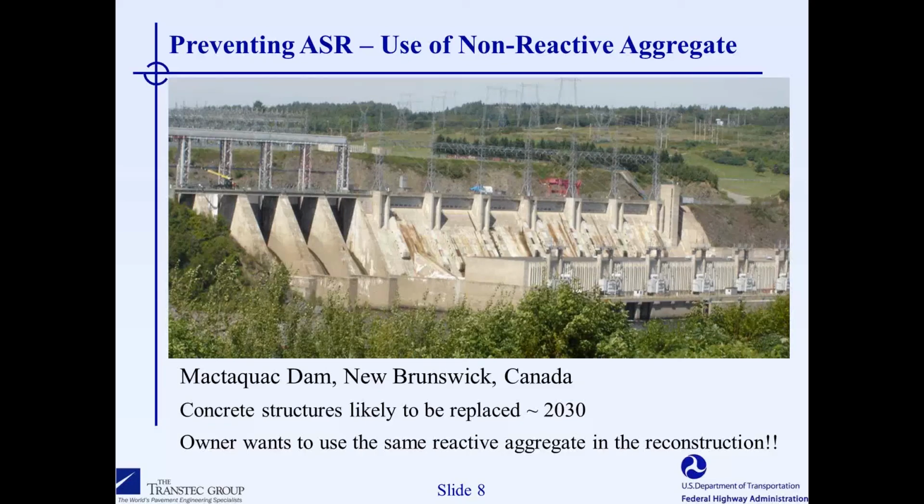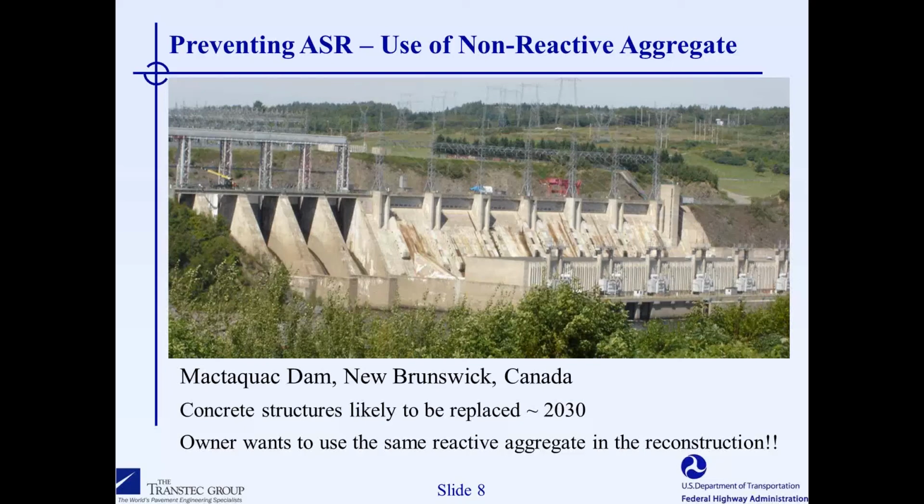Mactaquac Dam, again, sorry to return to the structure, but this is a situation where this occurs. This dam is going to be replaced in about 20 years from now. And when they replace this structure, they're almost certainly going to have to consider very seriously using the exact same aggregate that they used to construct the dam. The reason for this is the excavation for the dam is going to result in the production of millions of tons of aggregate that, aside from being ASR-reactive, are otherwise usable as concrete aggregates.